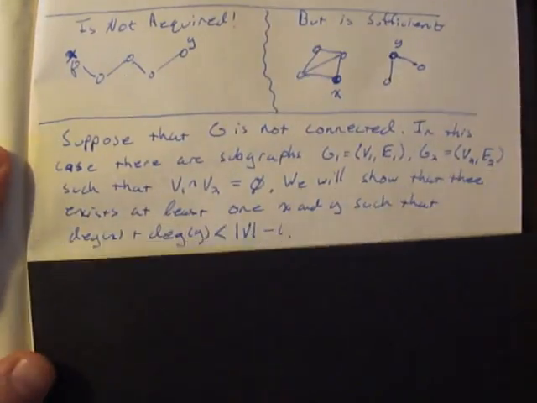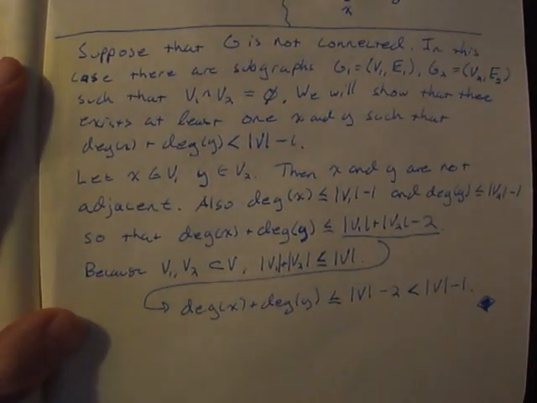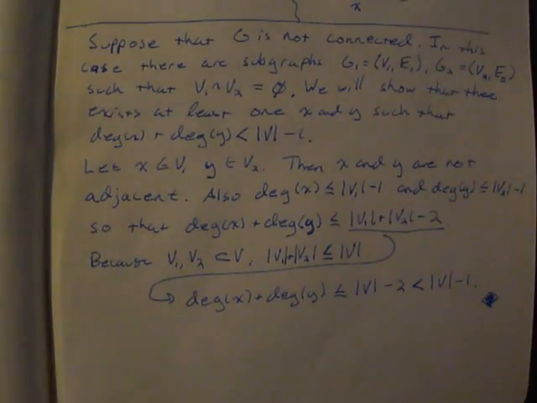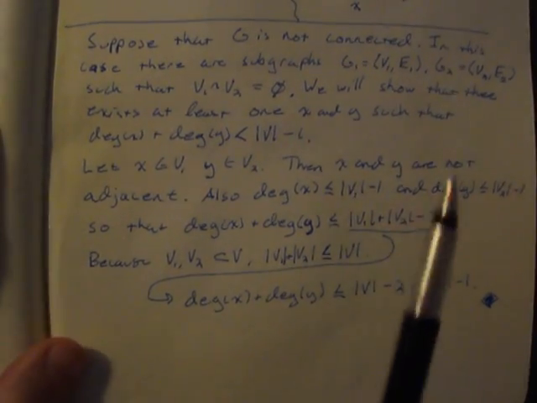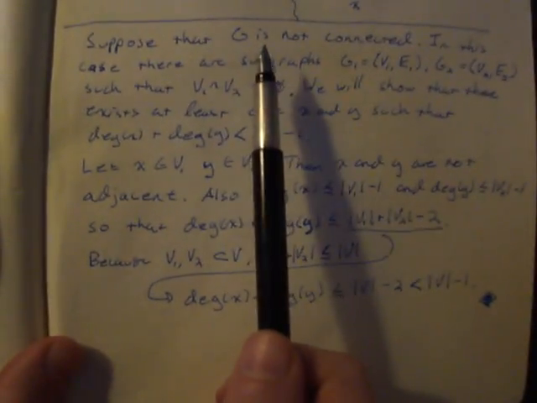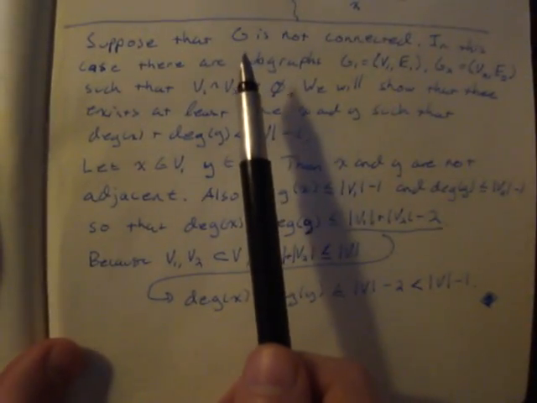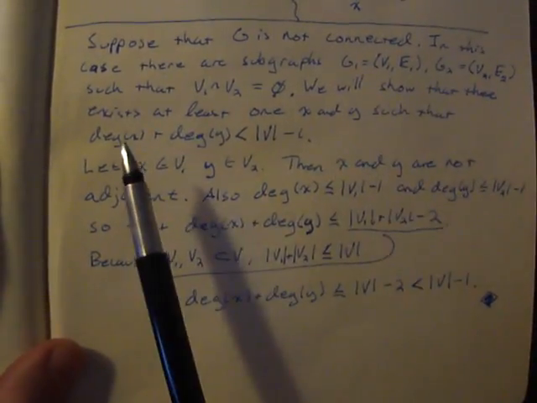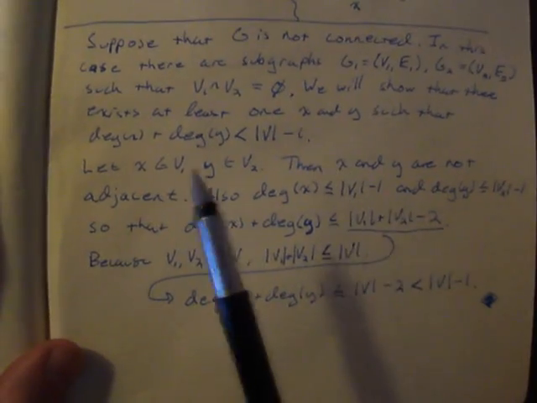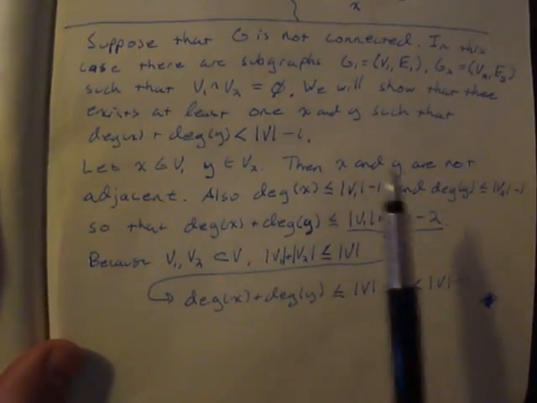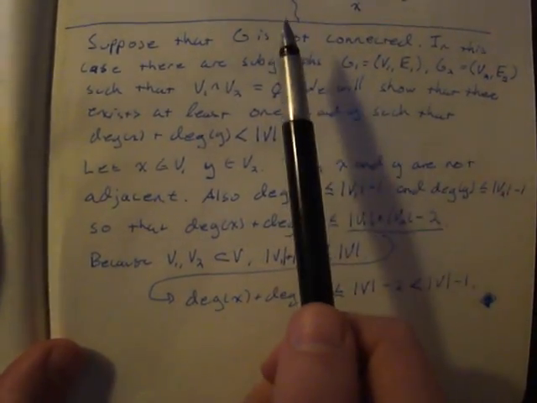Okay, so now we'll try to prove this to ourselves, and we'll do it by supposing that G is not connected, and then showing that whenever G isn't connected, the condition is not met. That means that if the condition is always met, then G must be connected.